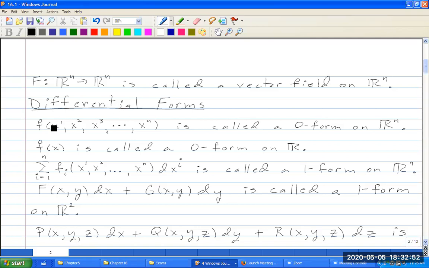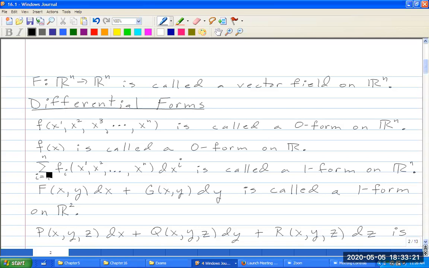So this is the same as x1, x2, x3, it just happens that I'm writing them with superscripts. So the function f of x is a zero form on R, just some sort of function.